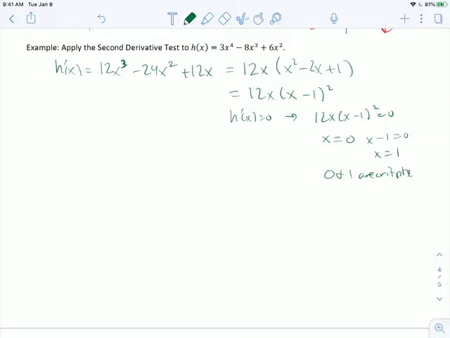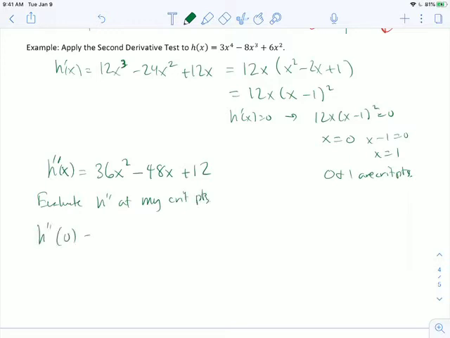At this point, I calculate the second derivative. H double prime is going to be 36x squared minus 48x plus 12. And then I evaluate h double prime at my critical points and try to classify.